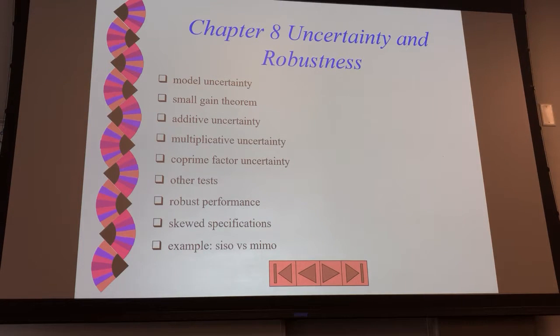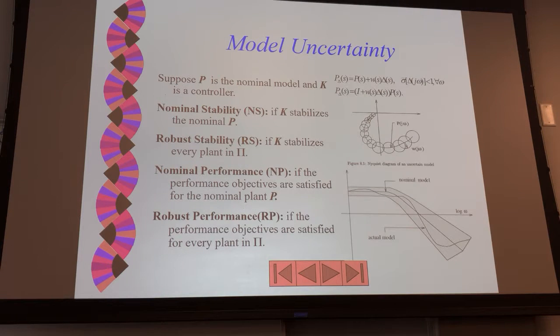Basically, we have uncertainties here. So we call P the nominal model and K a controller. I use M and K, it doesn't matter, okay?